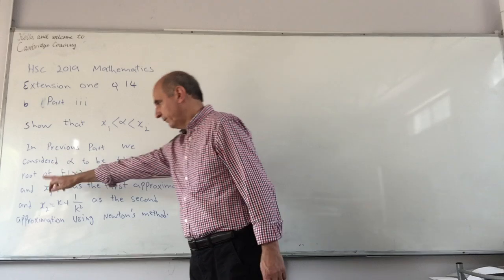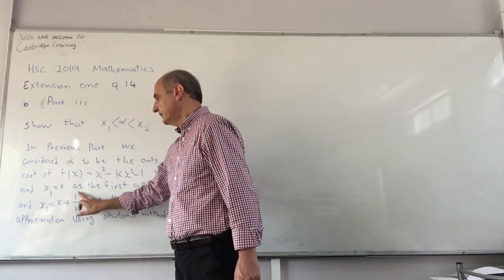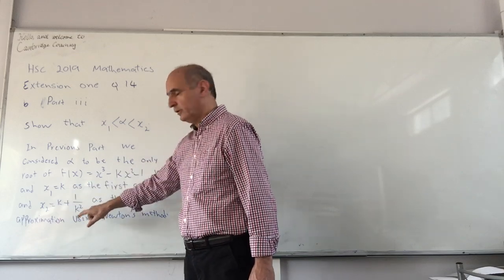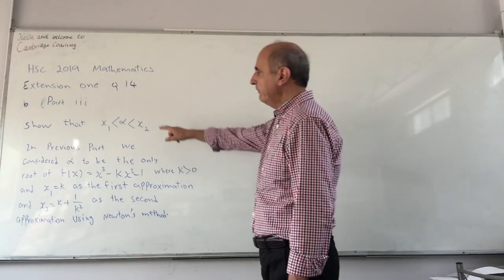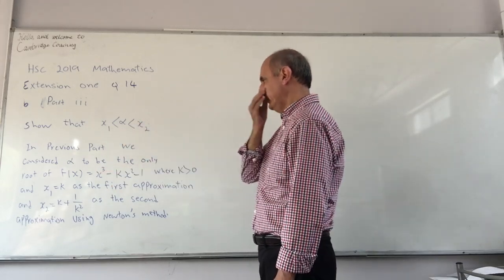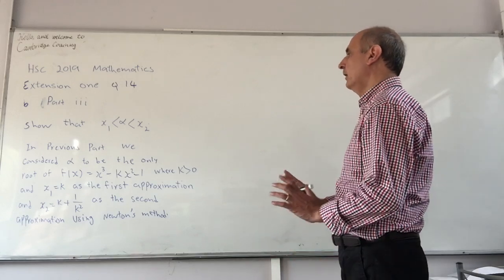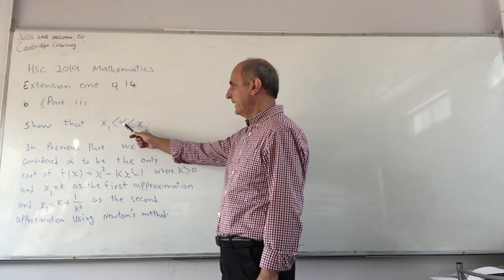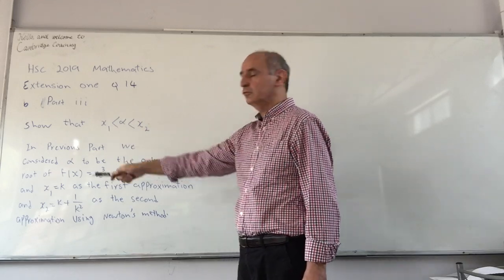And alpha is the actual root of the function. Now, what they are asking us is to prove that the actual root lies between those two approximations.